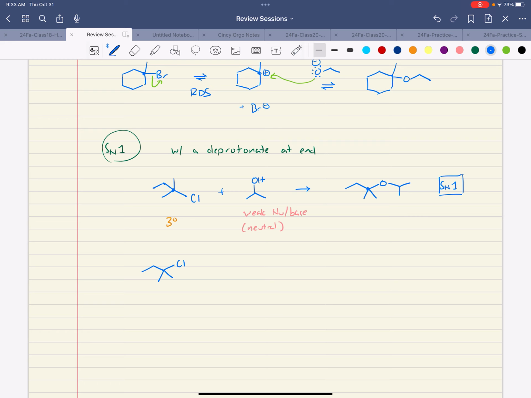How do you form the carbocation? Give it enough time or heat, you will kick out that halide, and you have this carbocation. Tertiary, great, it's stable. And then we have the attack.